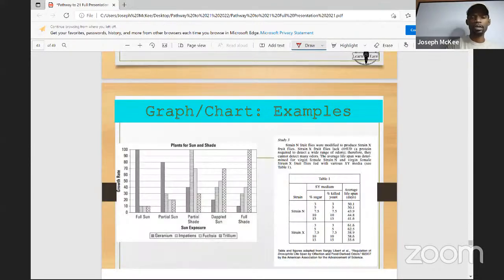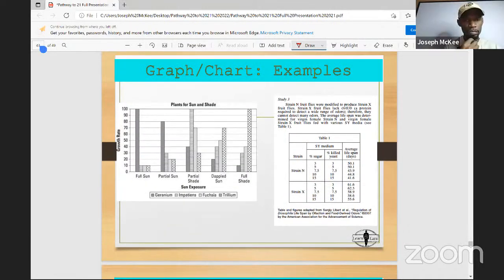So if you look, these are some examples. This particular bar chart is talking about plants for sun and shade. And if we look, the variables are sun exposure, and it's also measuring a growth rate.